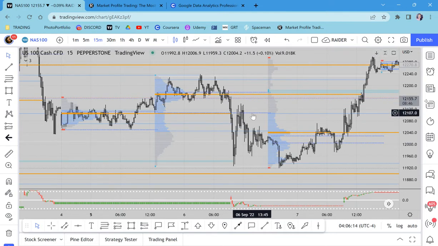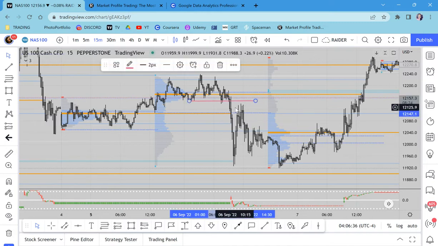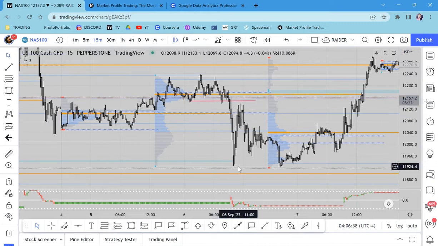But this is such a massive, wide initial balance that I would have been like, okay, what exactly is going on? Without looking into the initial balance, I could have waited for price to break this area, these previous lows from these candlesticks, and gone for a sell and aimed for this.